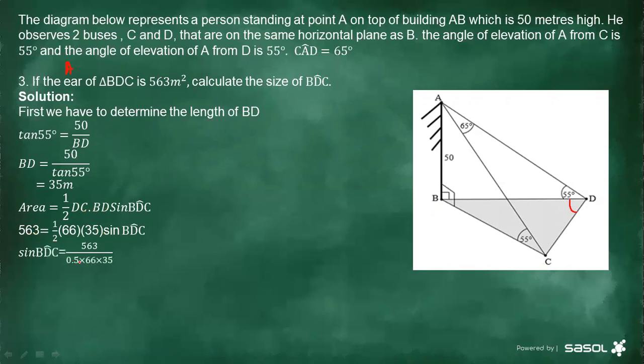Then you divide, and from there you use shift sine of this fraction on your calculator, and it gives us the angle as 29.17 degrees. So that's how you determine the angle BDC when you are given the area.